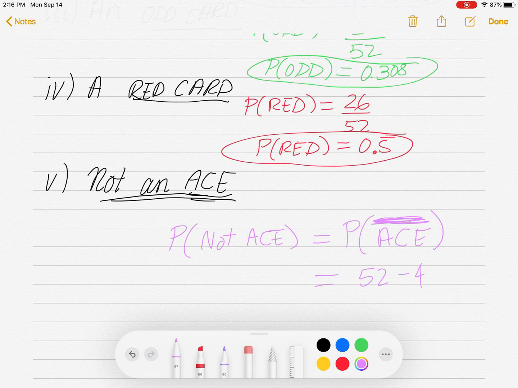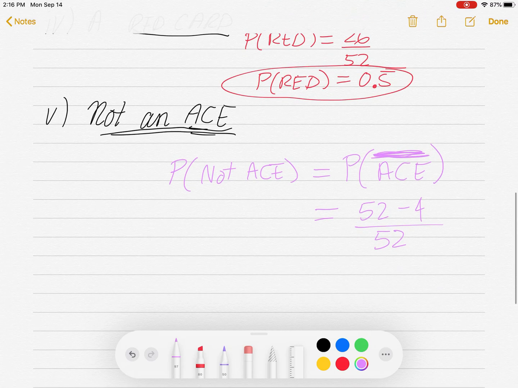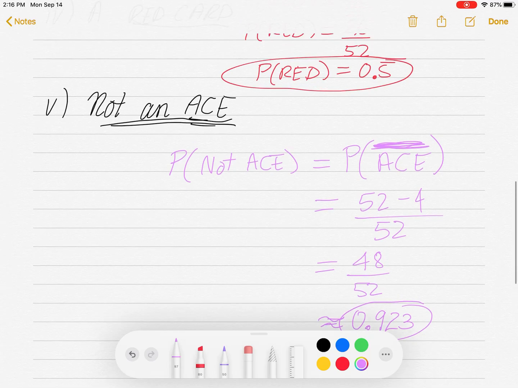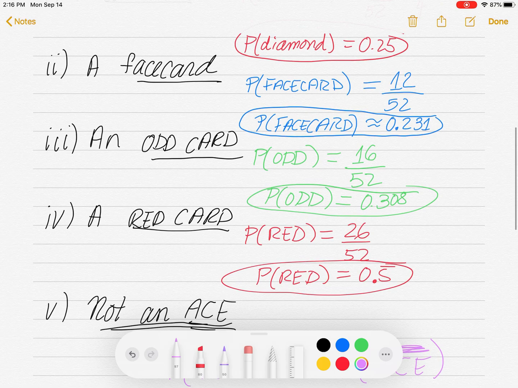So that's going to be 48 out of 52. Let's do that on our calculator. 48 divided by 52. You got about 0.923. Almost a 92% chance, approximately, of getting something that's not an ace.